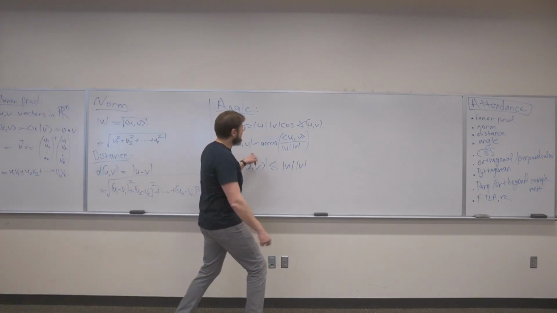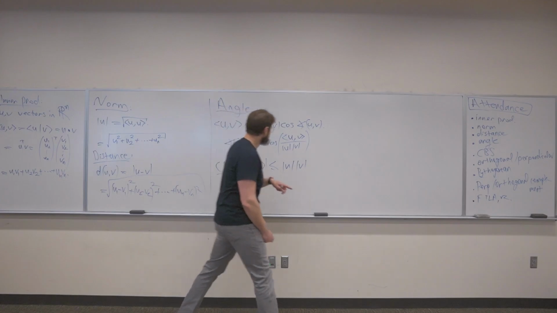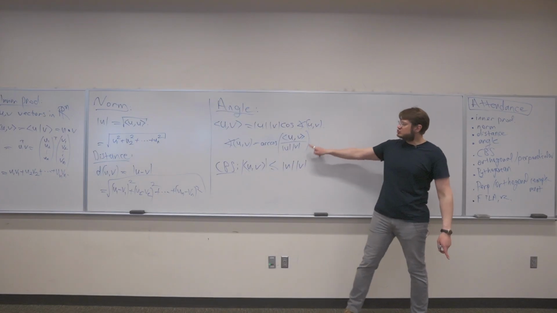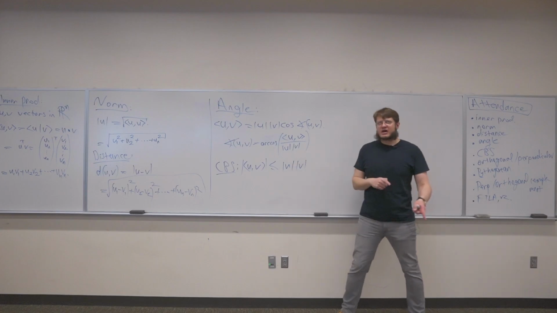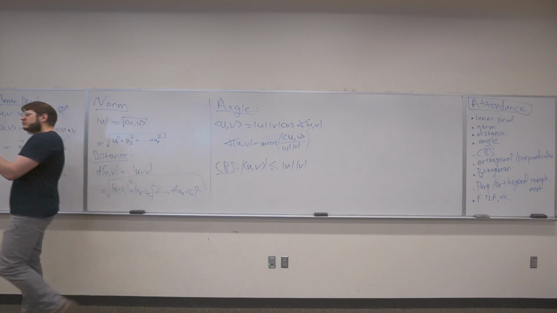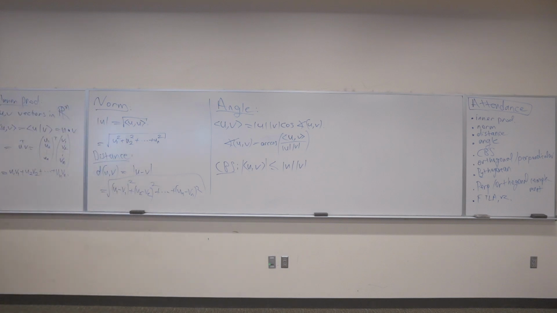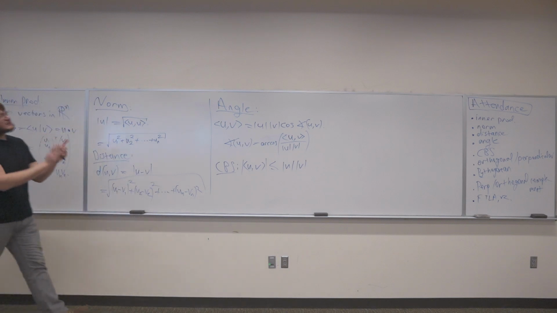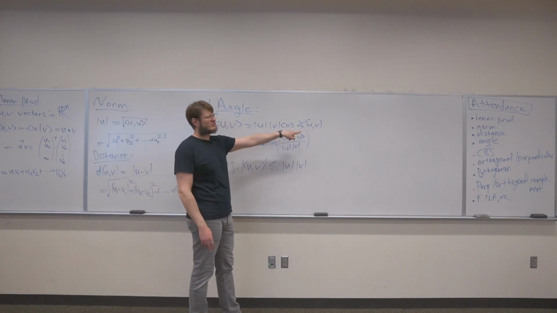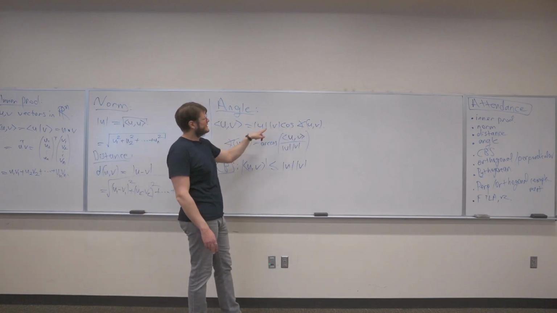Or maybe even before that, I should mention orthogonality. Now that I have the notion of an angle, orthogonal vectors or perpendicular vectors should be vectors whose angles are 90 degrees. And so when you plug in 90 here, cosine of 90 is 0. Okay, so right-hand side is going to give me 0.